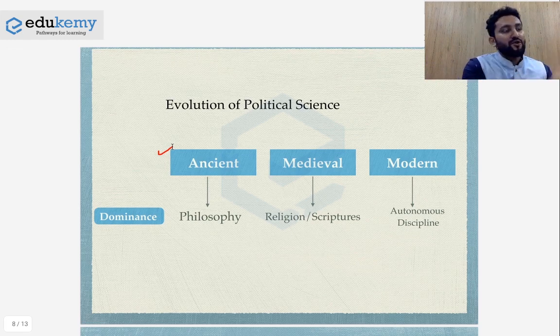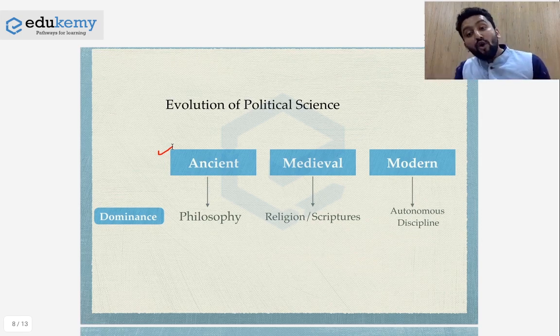For example, if you look at the history of Europe, in ancient time, the dominance was of philosophers like Socrates, Plato, Aristotle. But as you entered into the medieval age, you found that rulers were working under the umbrella of the church, some scriptures. They were telling what is a good way to rule.